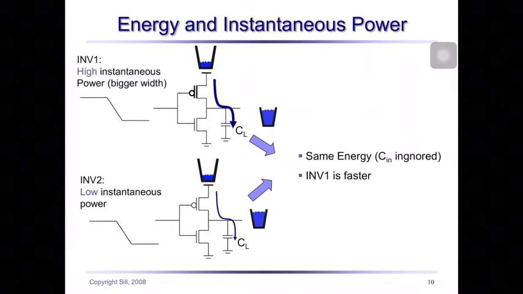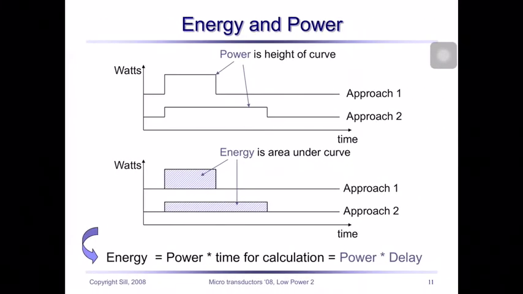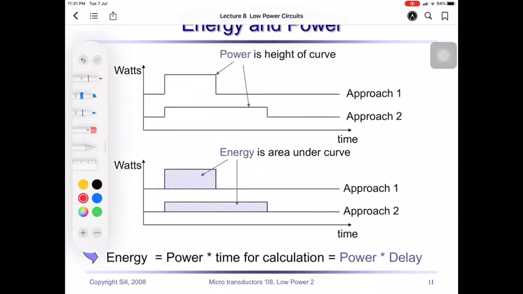Power can be described in graph form, and as you can see here, power is the height of the curve. In terms of approach 1 and approach 2, approach 2 has lower power compared to approach 1 because the height, or the maximum amount of power, is lower.